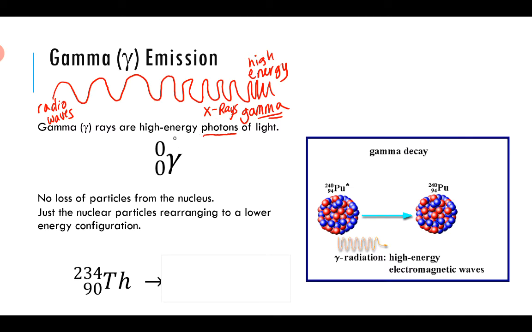It's nothing with mass. It's not like a physical object. It has no mass, no volume. So it has no mass number, and it's just energy, so it has no atomic number either.